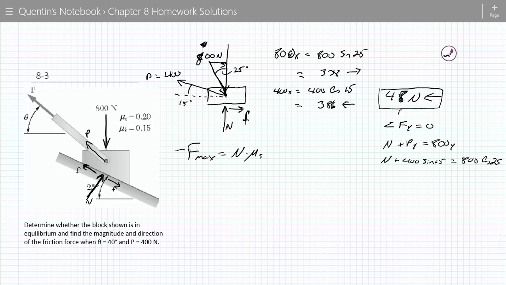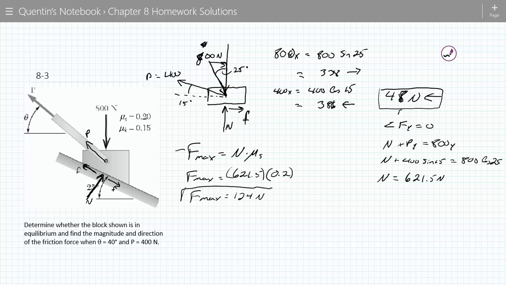And that tells us that the normal force is equal to 621.5 newtons. So therefore, my F max is 621.5 times my mu sub S, which in this case is 0.2. So my F max is equal to 124 newtons.